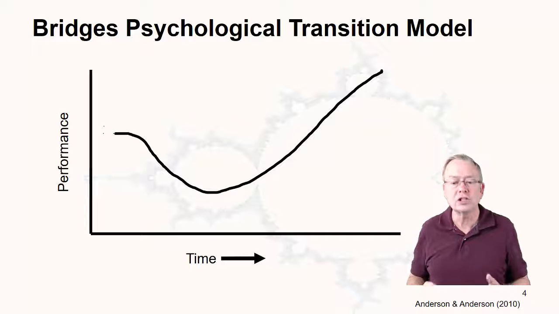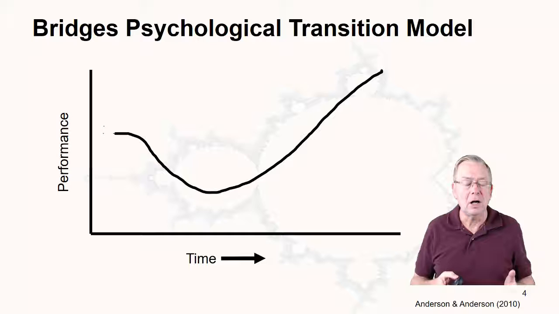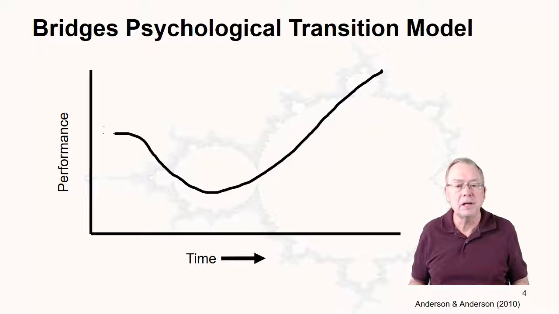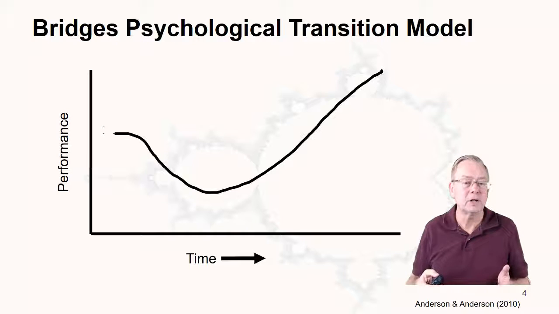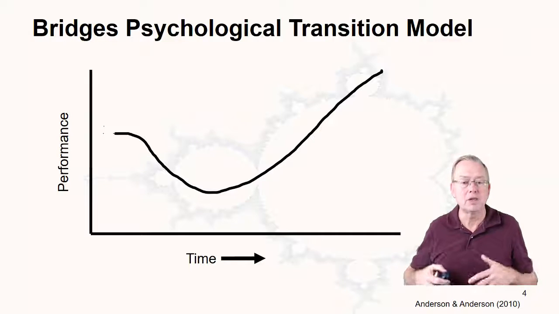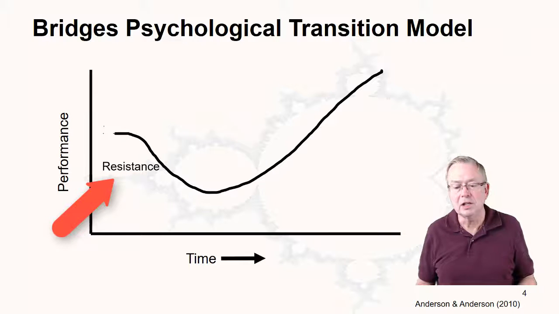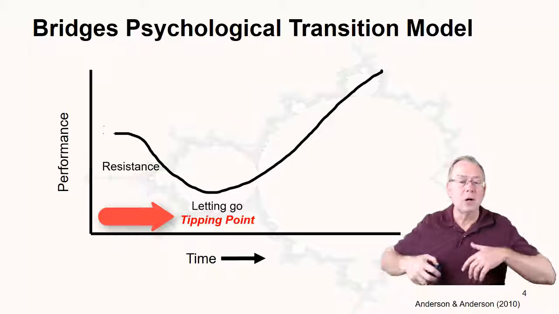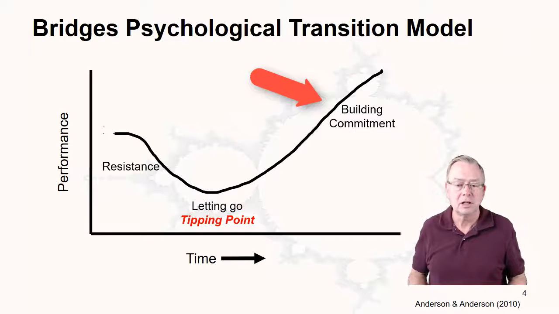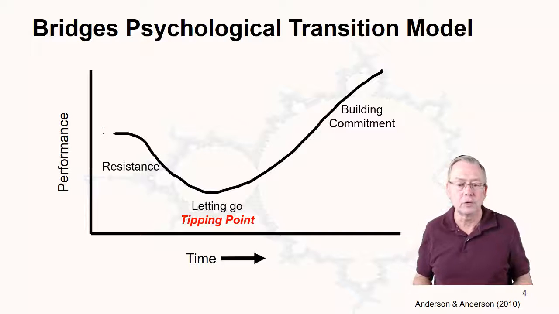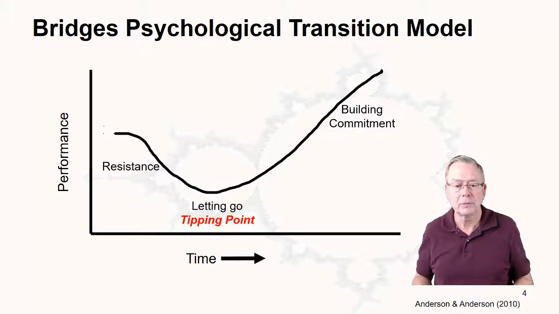You have transitions then through the process of over time becoming more competent, while first becoming what may appear to be less competent because you're doing something different. So there's a resistance initially, followed by letting go with the tipping point, and then building competency going forward to higher levels of performance. The psychological transition model.